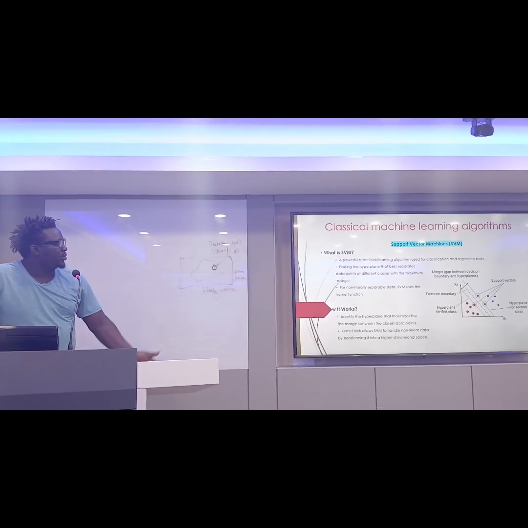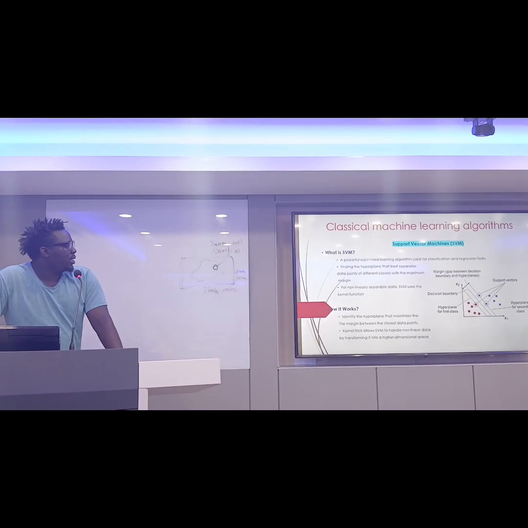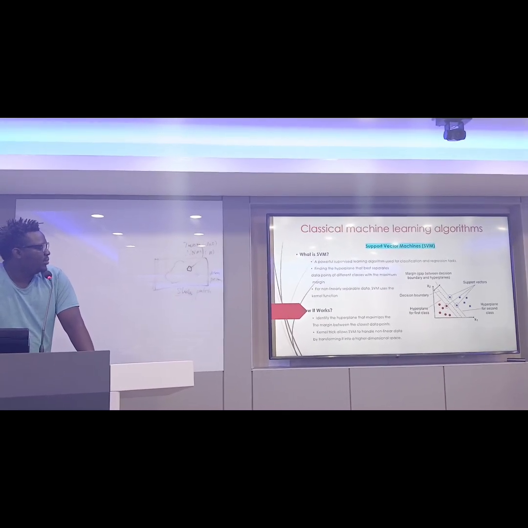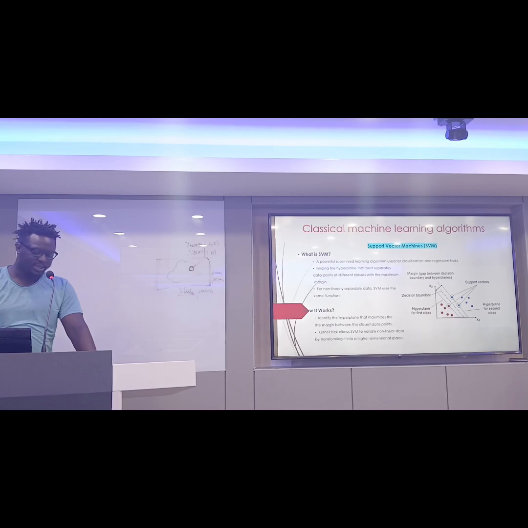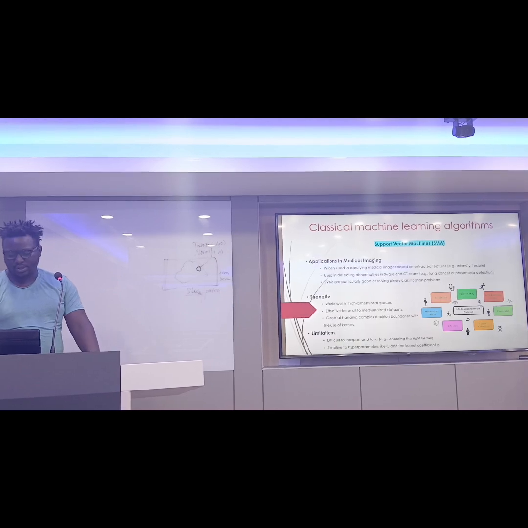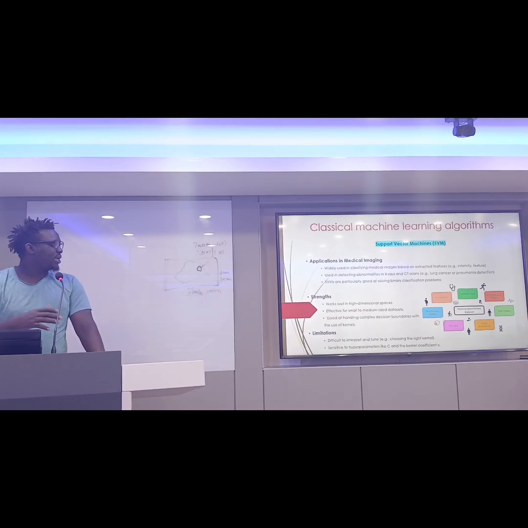In that case, you need to use a kernel. The kernel allows the support vector machine to handle nonlinear data by transforming it into higher dimensional space. So in practice, we'll see some parameters that you can use here to define if you have to use a kernel or not.